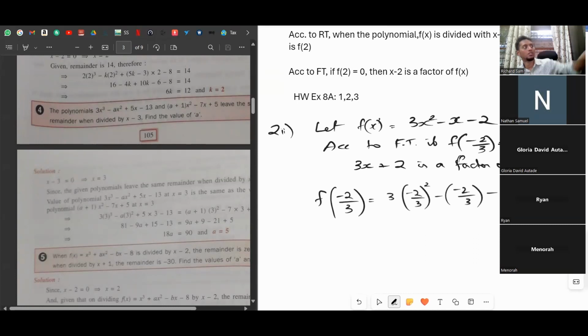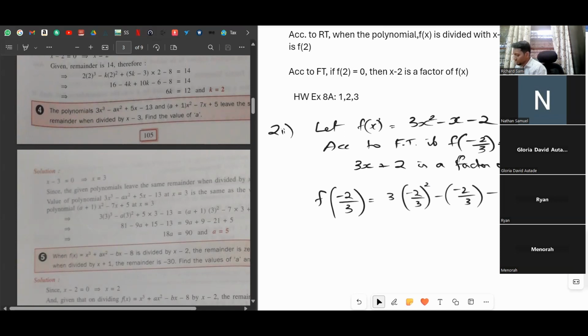Come on, you have to solve this part. Solve this and you should get 0. Got 0? You can't cut this. First you have to square it. Then only you can cut. 4 upon 3 is there, no? 3 we didn't put here.